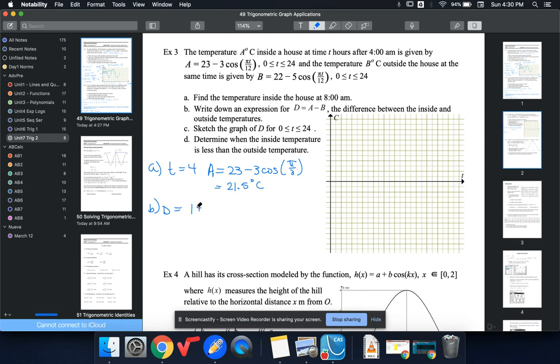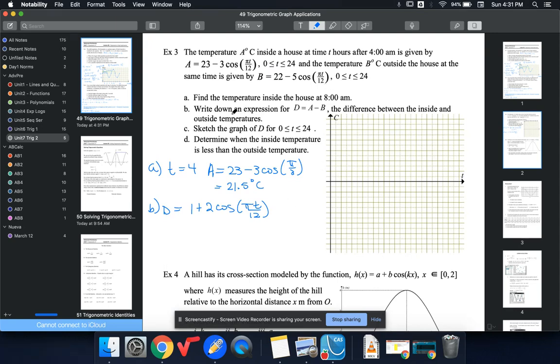So that's going to be plus 2 cosine pi T over 12. Notice I could only add these two functions because they had the same argument. If they didn't, I would have had to have minus 3 cos whatever this is minus negative, so then it would have been plus 5 cos whatever that was. But because they're the same, they're like terms.